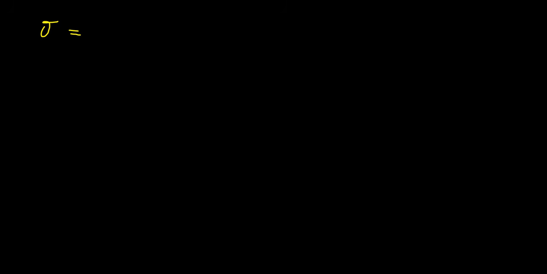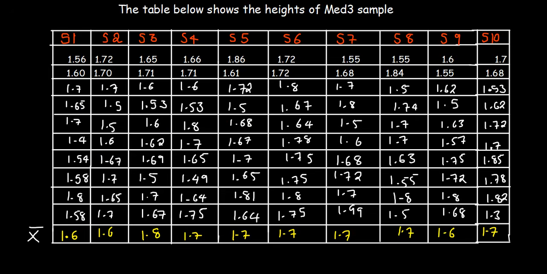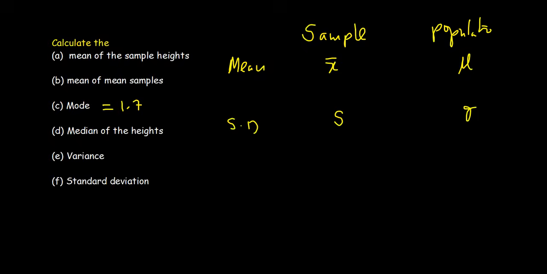And we are starting with the variance. Variance, sigma squared, is going to be the summation of each mean minus the mean of the means, squared, and then we are going to divide by n. So what we can be doing is simply subtracting. Remember, the mean of the means is what?